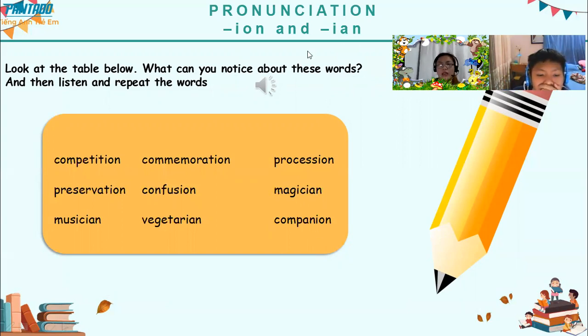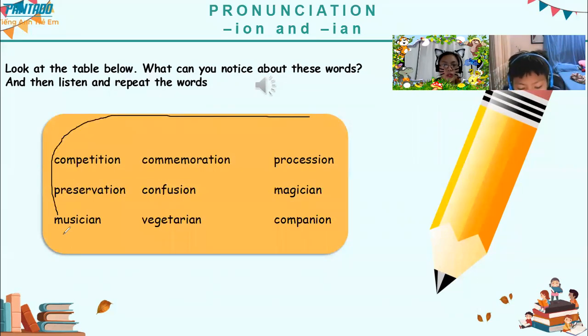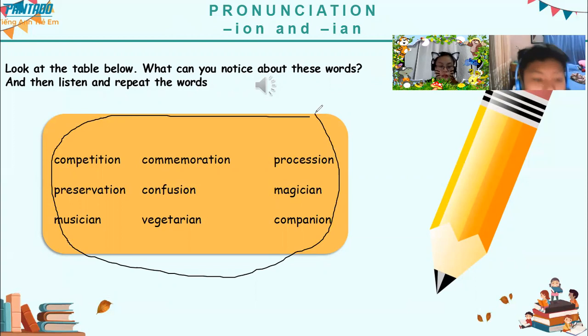All right, so look at the table below. What can you notice about these words? And then listen, repeat the words. So, what can you notice about the set of words that is presented on this page? Compassion.